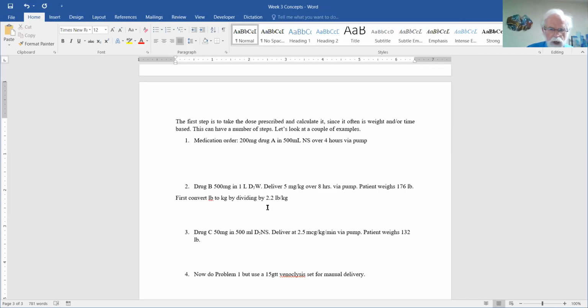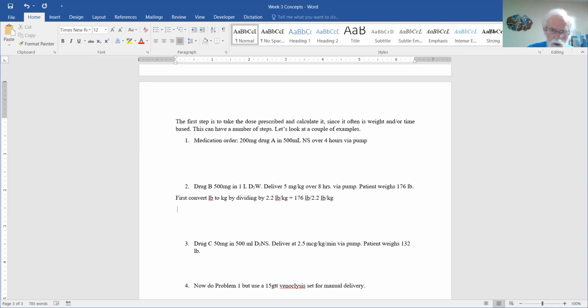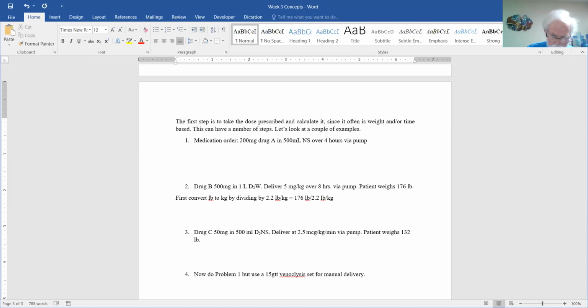I'm just going to give you the answer here, that will equal 80 kilograms. That's the weight of the patient. So that's our first thing.